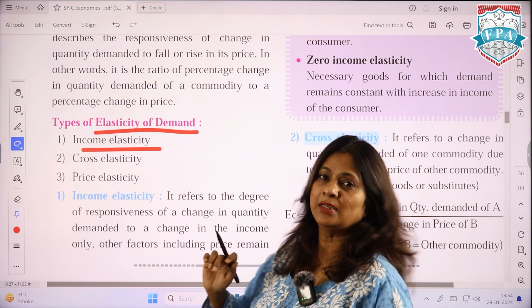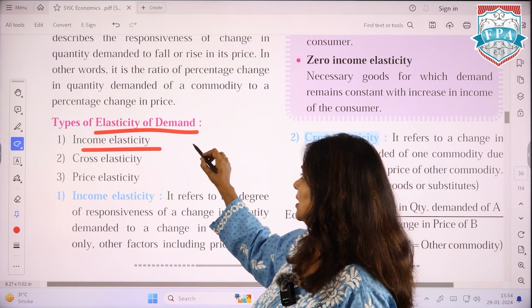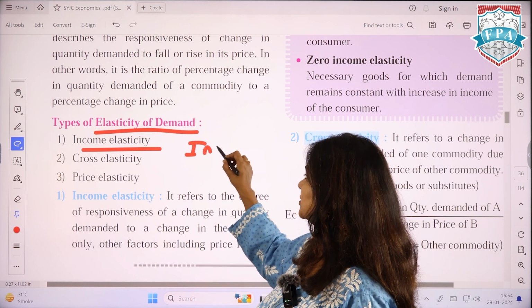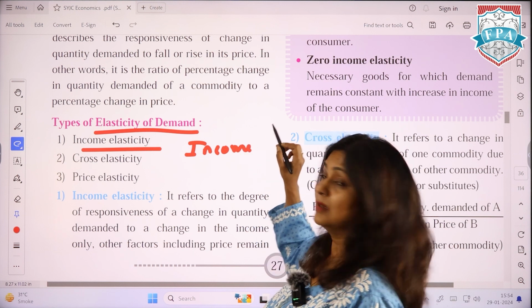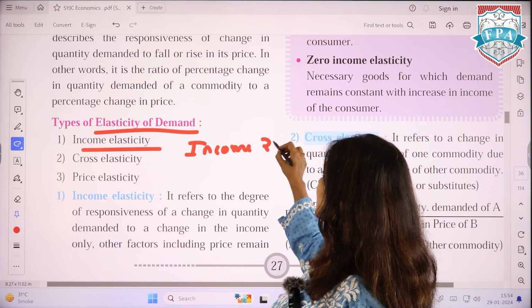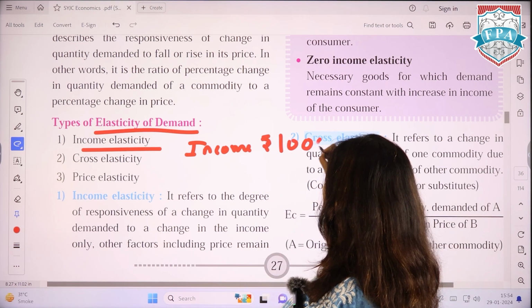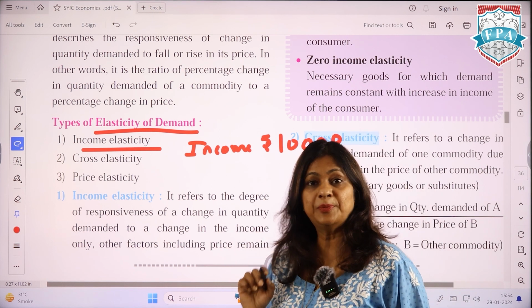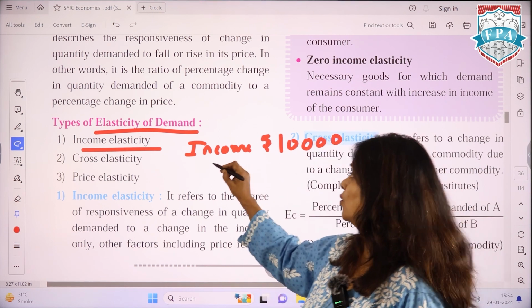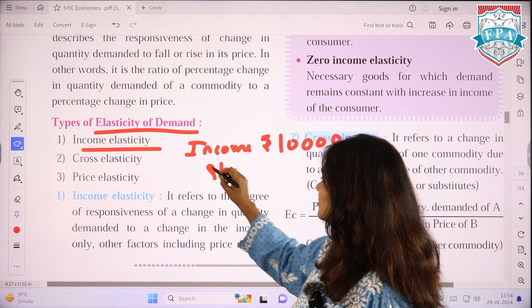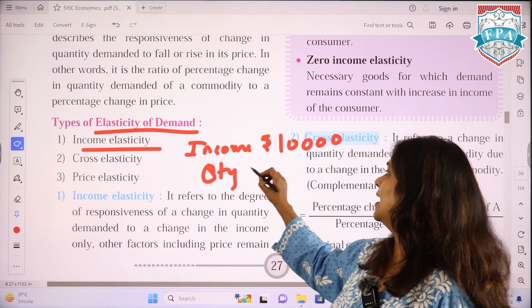So for example, if the income of a person was, I'm just taking an arbitrary figure, let's say 10,000. When the income of the person was 10,000, quantity demanded was 100 units.